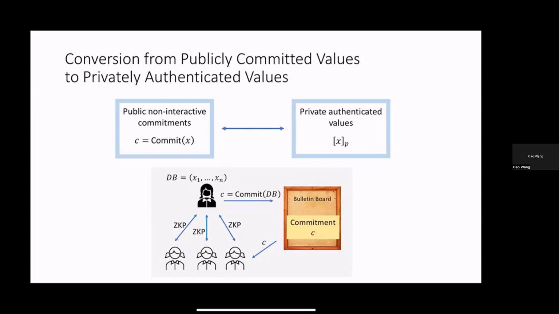Okay, so essentially all of them have access to this commitment, and when they run the zero knowledge proofs, they will get an authentication of some value X. And they want to have the guarantee that this authentication, which is between these two parties, is consistent with the public commitment that is published on some implementation of the bulletin board.